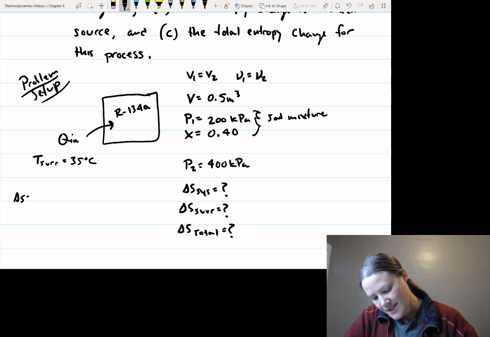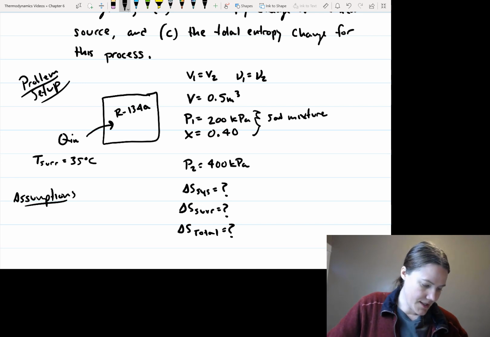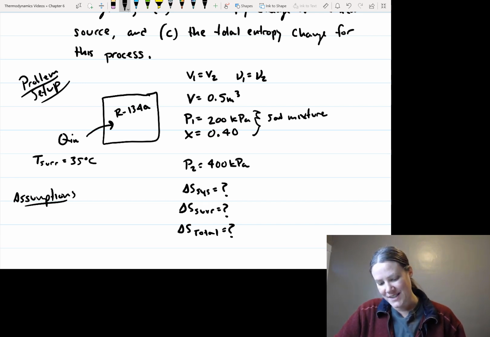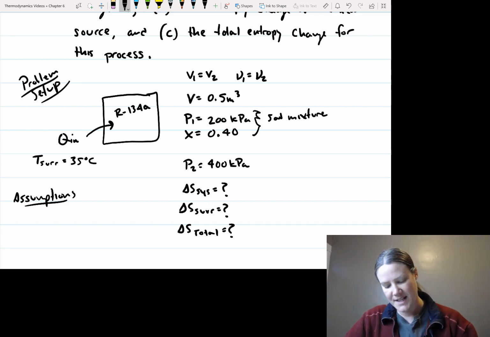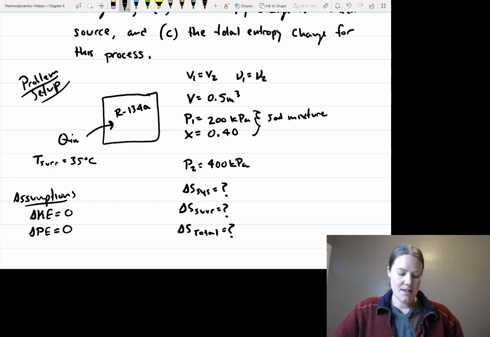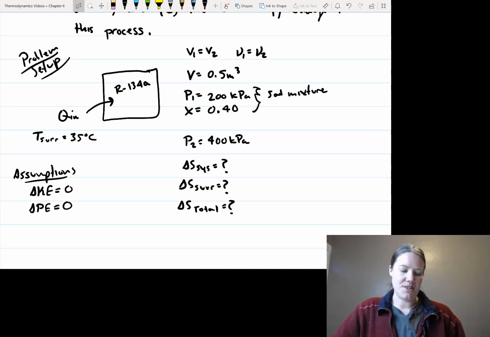Let's also make some assumptions, just so we know what we're working with. First of all, this tank is stationary and it's not huge, 0.5 meters cubed. It's not meters tall, so we probably don't need to take into account change in potential energy. Since it's stationary, we're going to say the change in kinetic energy is 0 and the change in potential energy is 0. So we don't need to consider those terms in our energy balance.